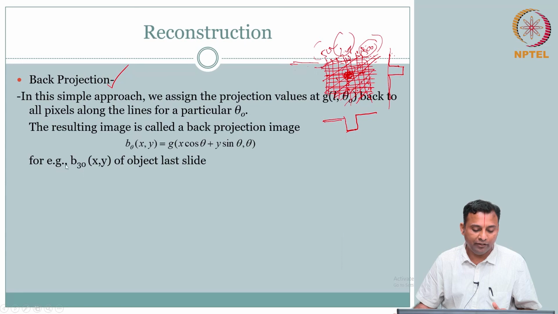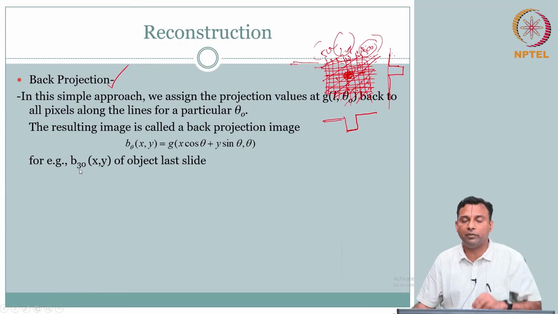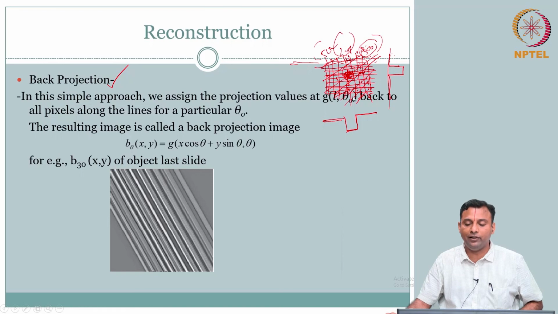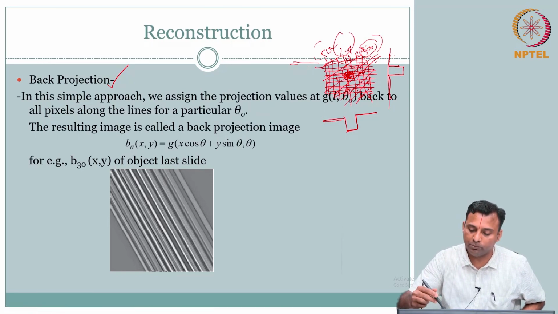So if you take one example back projection from the object that we showed in the previous slide, it will be like this, nothing fancy. Here I took a square just to explain. If I project this back, what is going to happen?